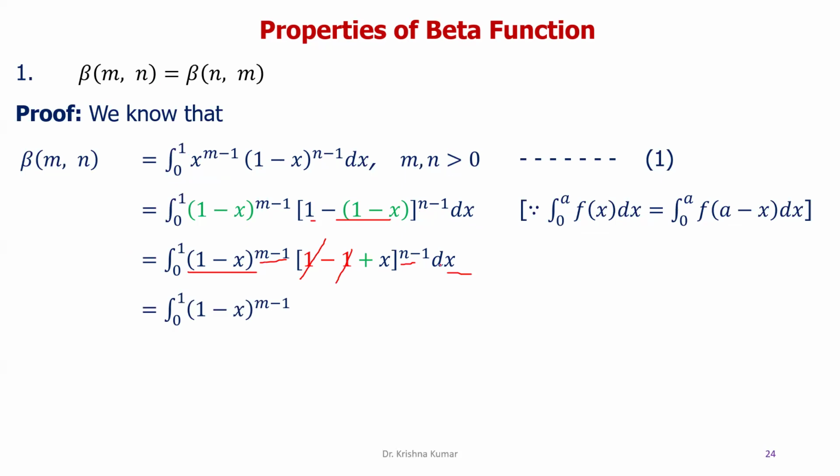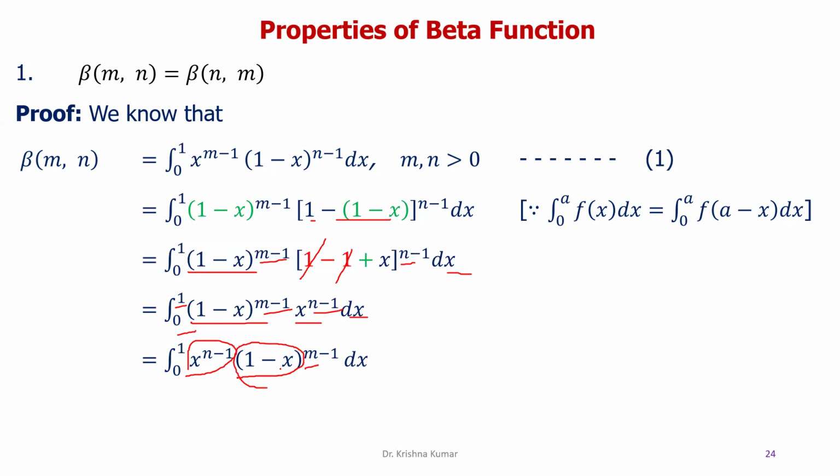So it can be written as the integration of (1 minus x) to the power m minus 1 into x to the power n minus 1 dx under the limit 0 to 1. And this is nothing but the integration of x to the power n minus 1 (1 minus x) whole to the power m minus 1 under the limit 0 to 1 with respect to x.